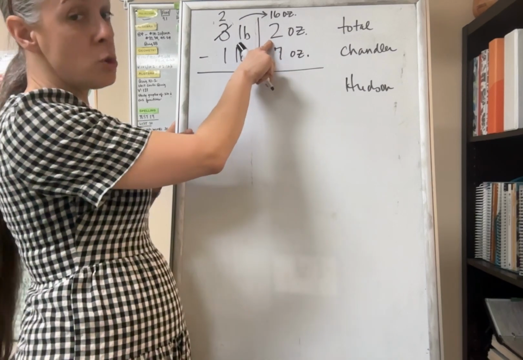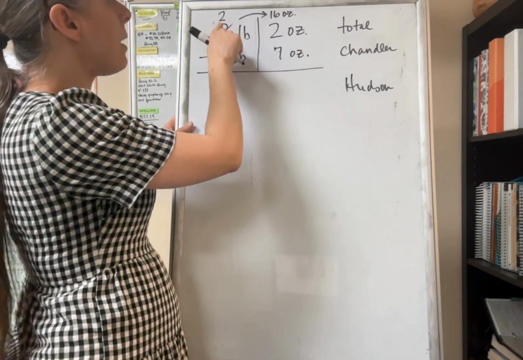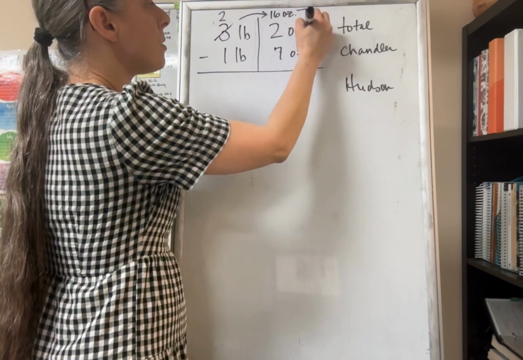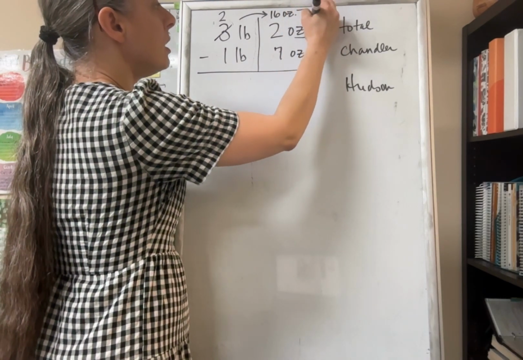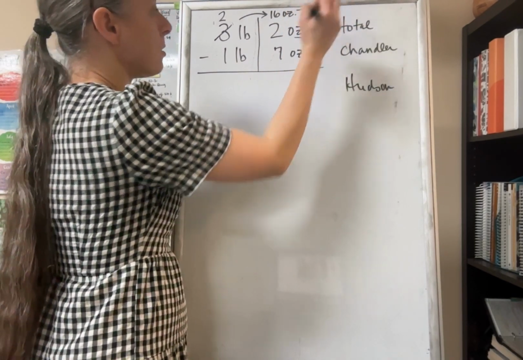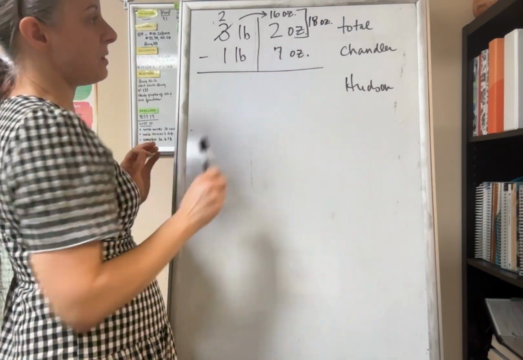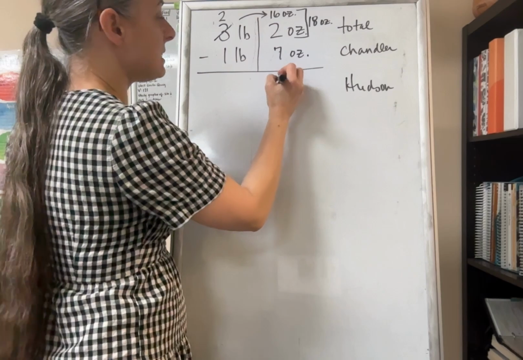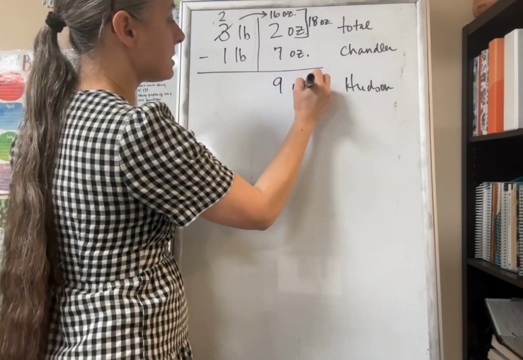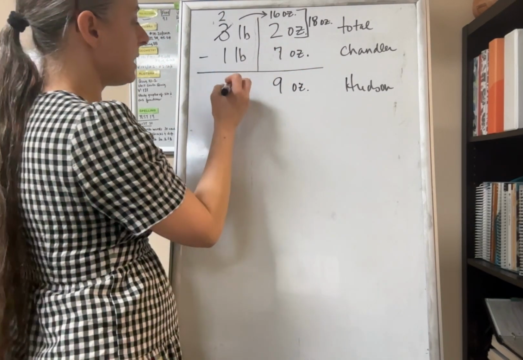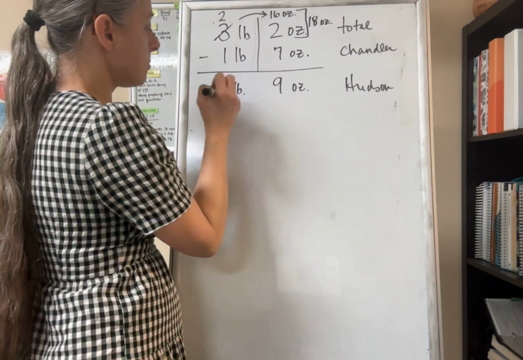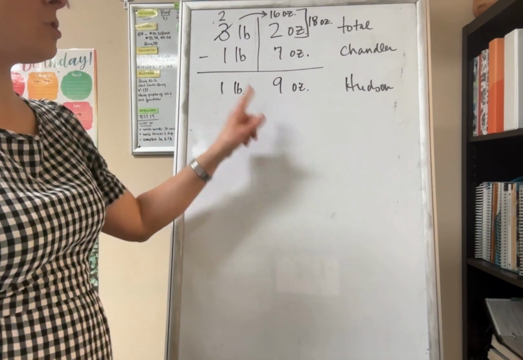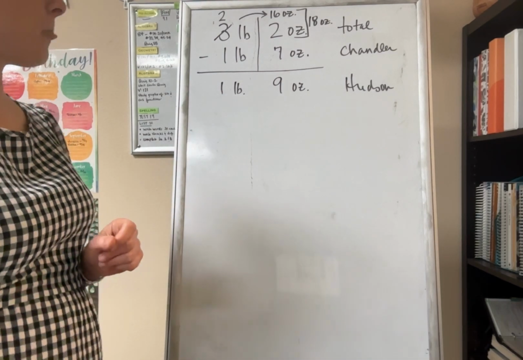I've already got 2 ounces here, and now I've renamed a pound as 16 ounces, so I need to combine these together to have 18 ounces minus 7 ounces. 18 minus 7 gives me 9 ounces, and 2 minus 1 gives me 1 pound. So Hudson's candy weighed 1 pound and 9 ounces, just slightly more than Chandler's.